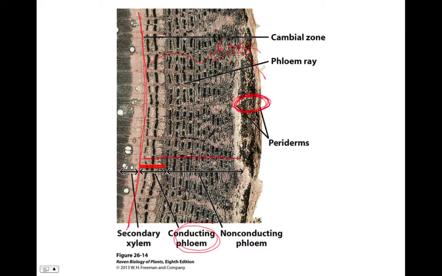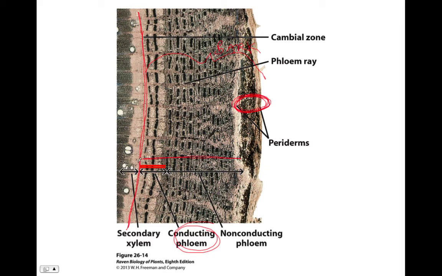All of the phloem tissue external to that has been crushed and deformed by the increasing amount of secondary xylem internal to the vascular cambium and is no longer functioning. It is just this tiny little thin area adjacent to the cambium that is in charge of conducting food and other materials through the plant.